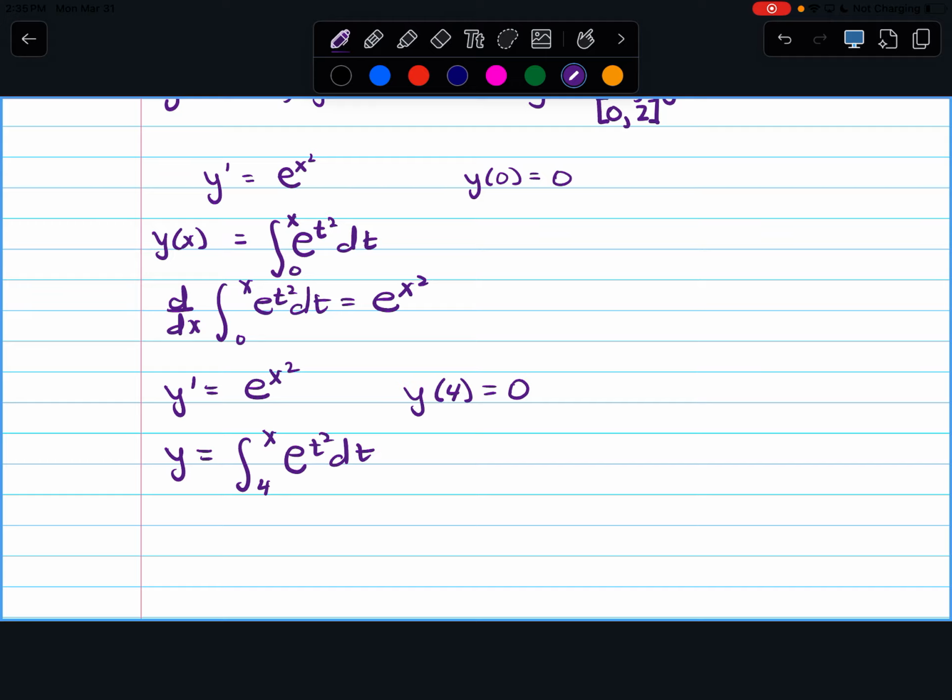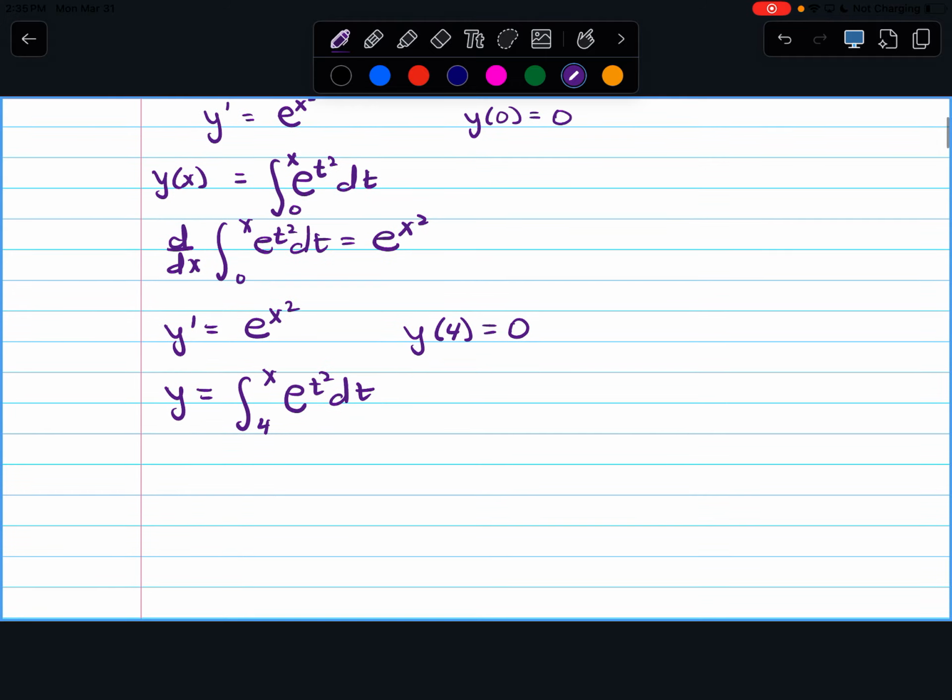Now, you may be wondering, why would that work? Well, you've got y of x as a function of x, and you're going from 4 to x of e to the t squared dt.